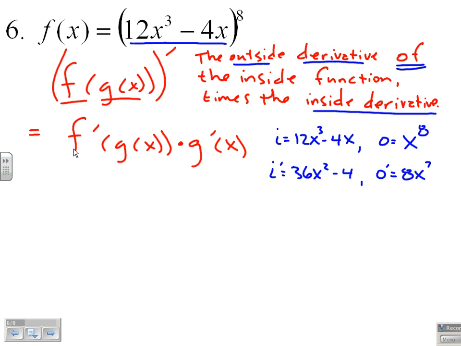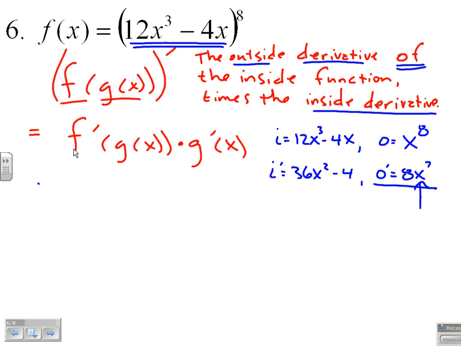And I start with the outside derivative, and my outside derivative is a factory right here that wants to take things to the 7th power and multiply them by 8. But I am not finding the derivative of x to the 8th. I'm finding the derivative of this inside function.